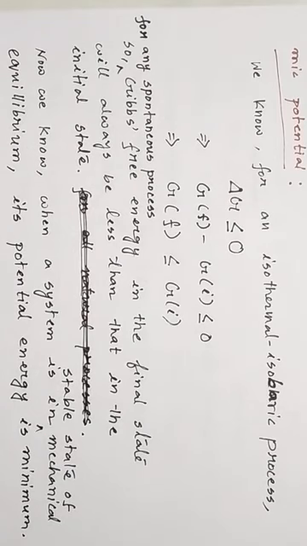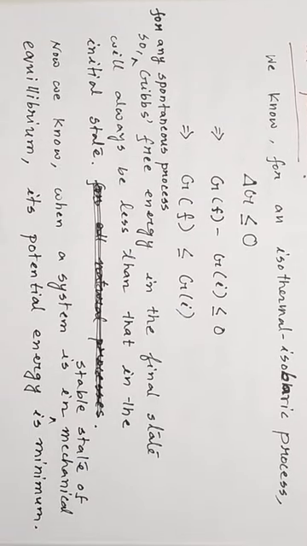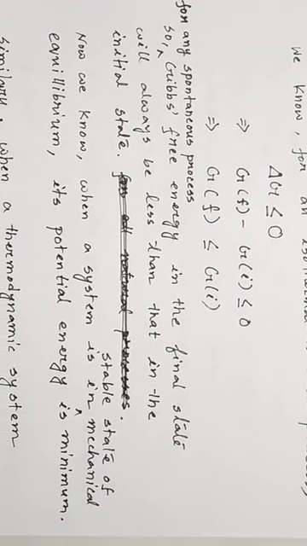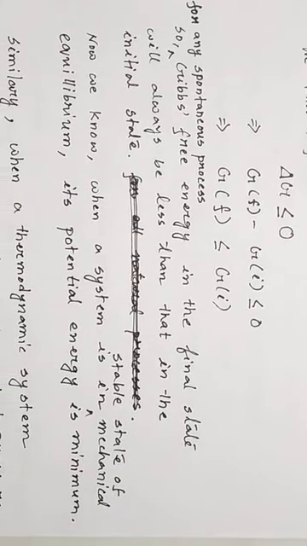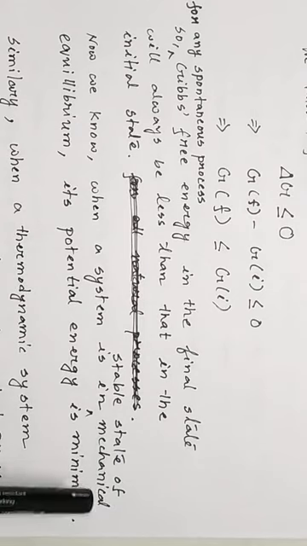Now if you compare this situation with a mechanical system, it will always try to have minimum potential energy so that it can be in a stable state of mechanical equilibrium.